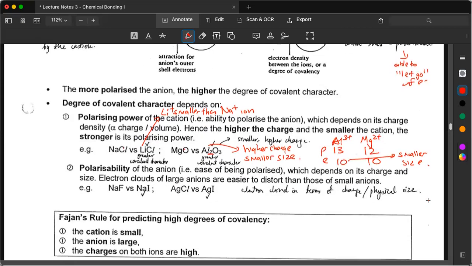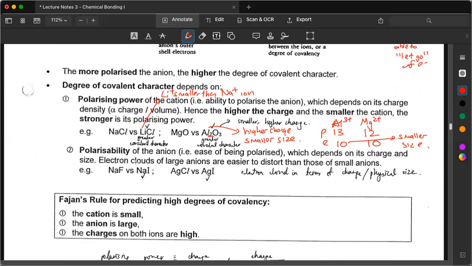Also, we need to consider the polarizability of the anion, whether the anion is easily polarized, which depends on the charge and the size. The electron cloud of large anions is more easily distorted than that of small anions. This one is smaller, this one is larger.